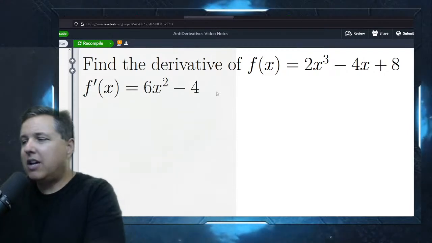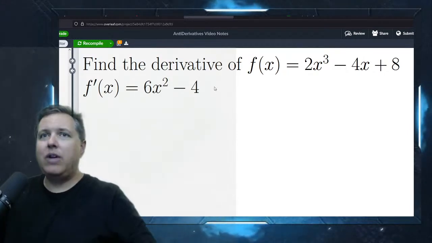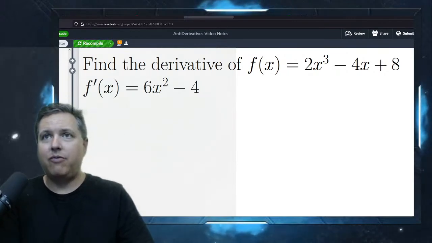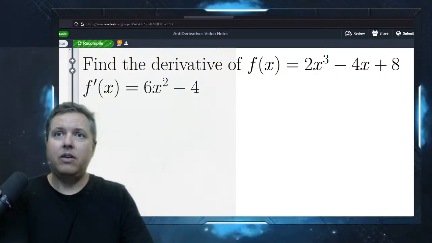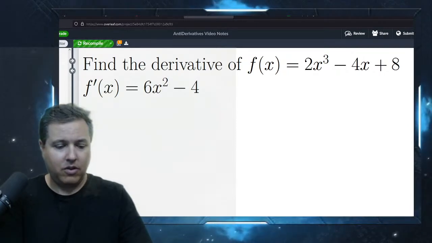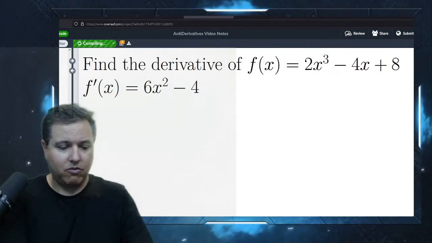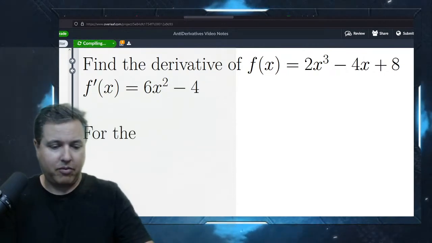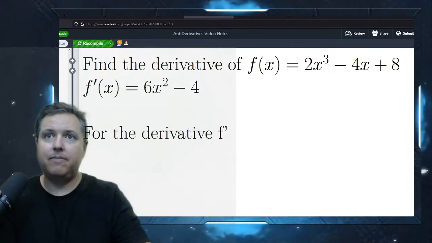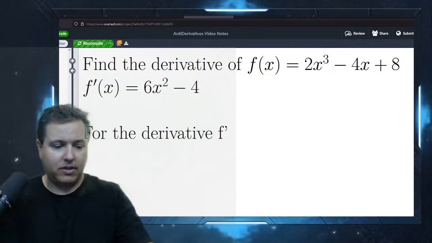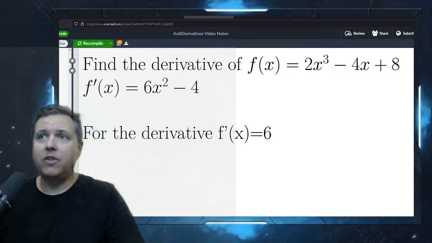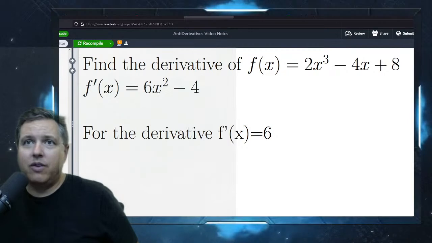Okay, well, think about it the other way. What if we ask this question from a different perspective? What if I said, for the derivative f prime of x equals 6x squared minus 4. So this time we're starting with the derivative.